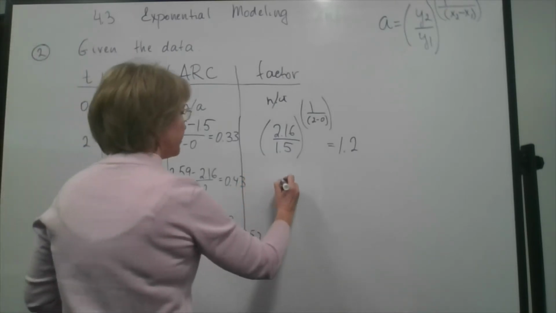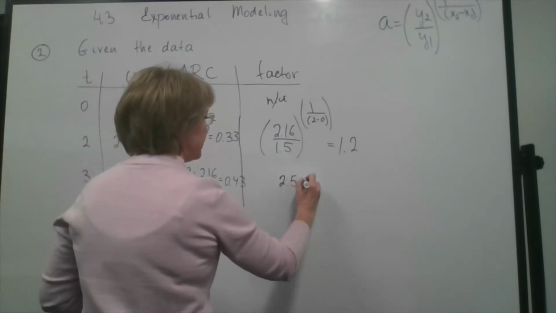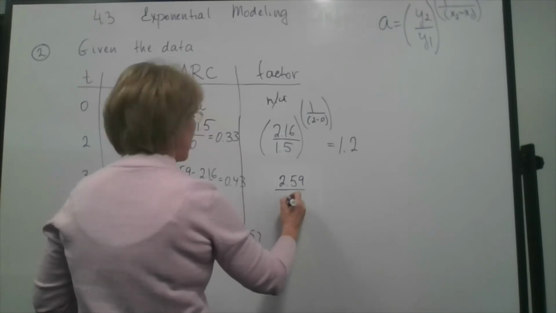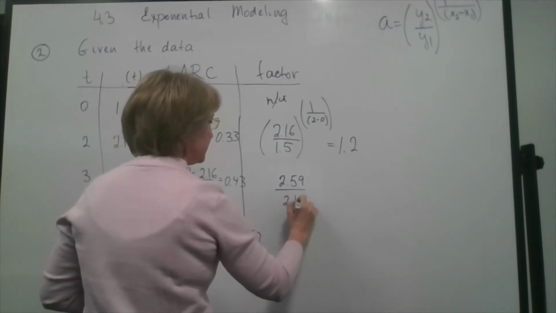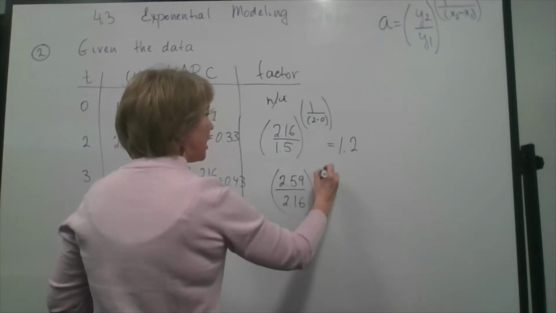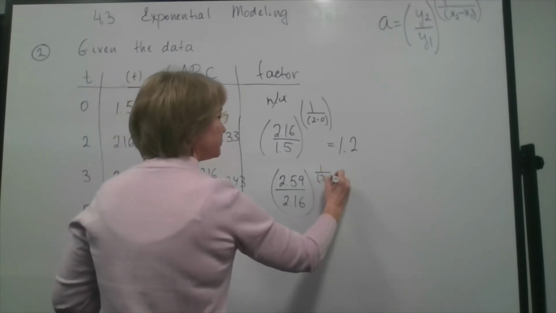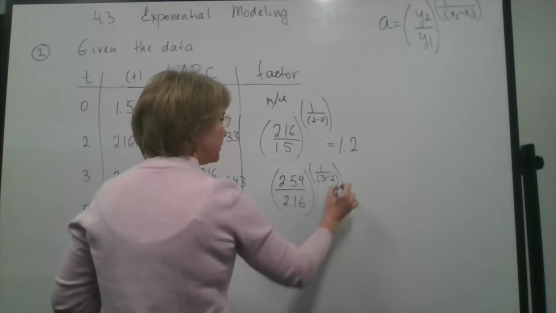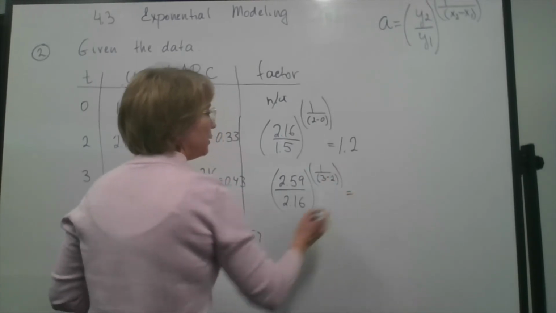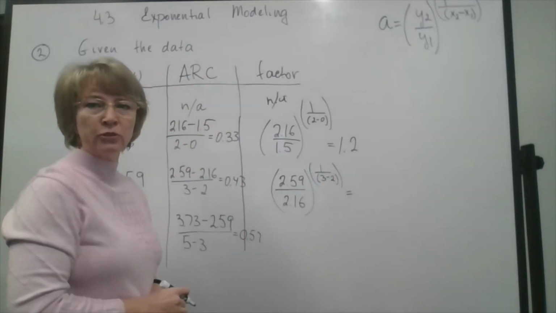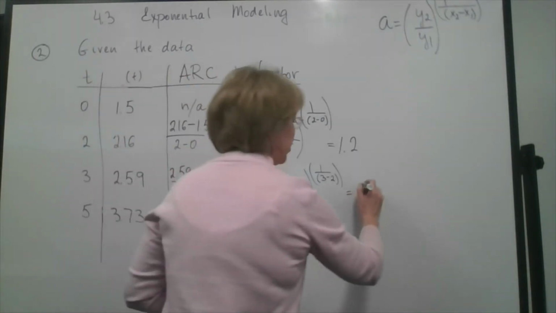Next will be 2.59 over 2.16 to the power 1 over 3 minus 2, all this inside of parentheses. Again, type it, check it. Your answer is supposed to be 1.2.